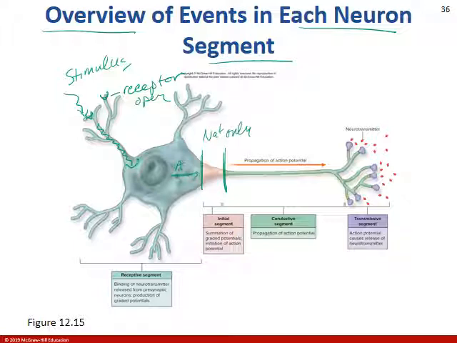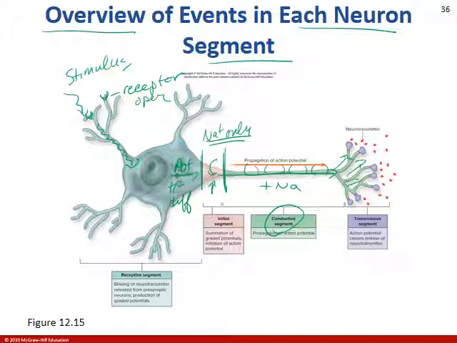Once the charge difference reaches this axon hillock, these sodium only gates are going to open, and it's going to cause a rush of positive sodium ions. And then it's going to keep opening sodium only gates so that the message is propagated or conducted down to the synaptic knobs.